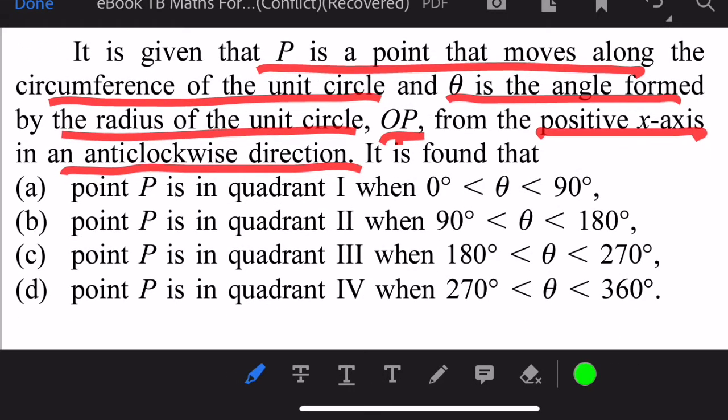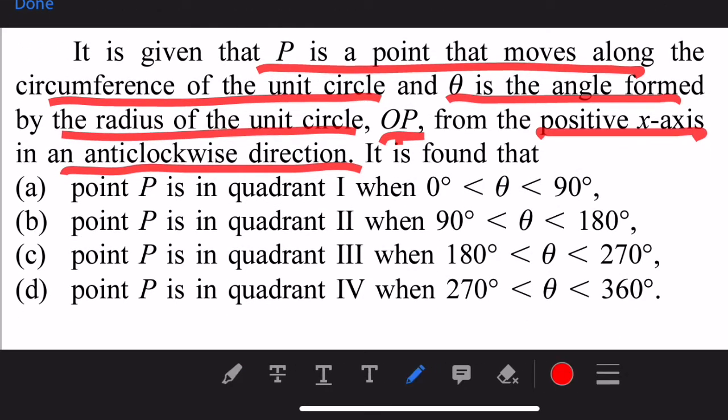So it is found that point P is in quadrant 1 when the angle is 0 to 90 degrees. In between 0 to 90, that is called quadrant 1.